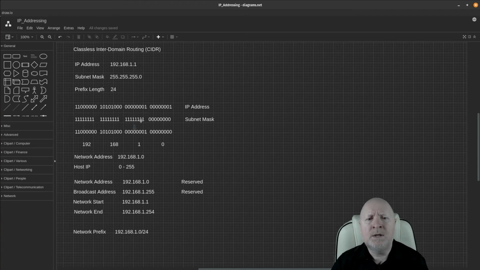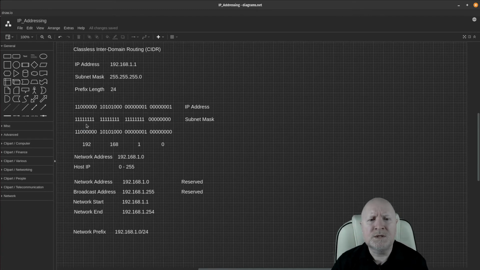You can basically reserve more bits if you want. So if you want more networks, you'll start borrowing or reserving more IP addresses. So you'll start borrowing that bit there, then that bit there, then that bit there. And that's the one thing to point out: you start on the left and you work your way to the right.